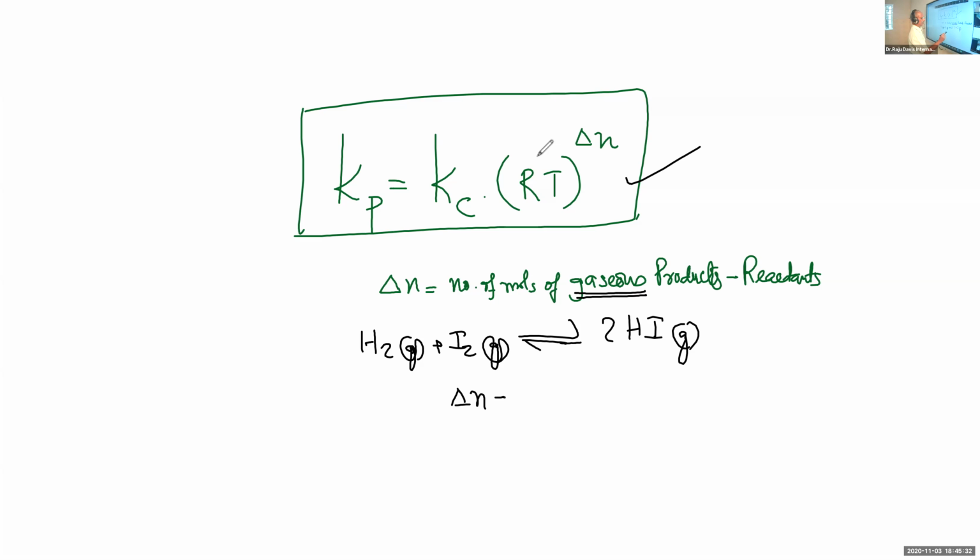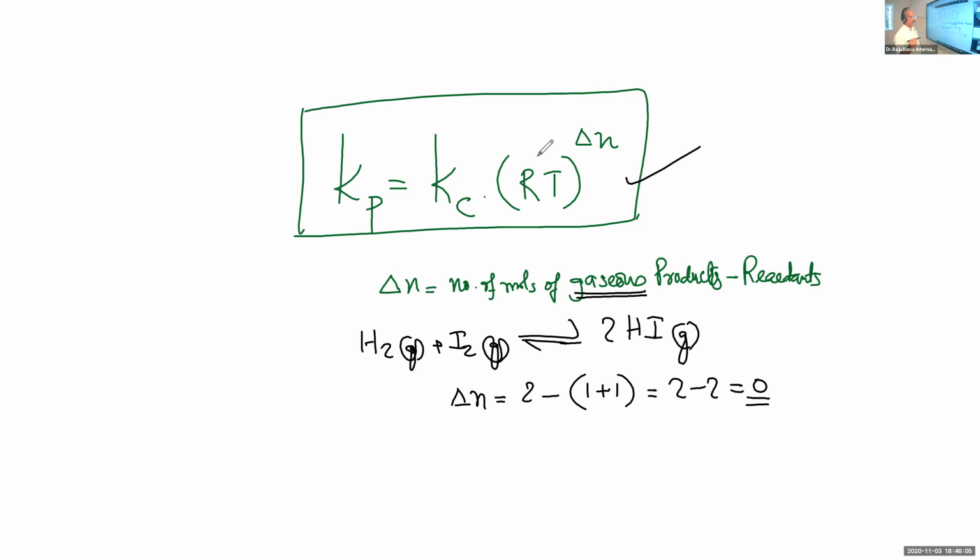Delta N is equal to the number of moles of the gaseous products minus the total number of moles of the gaseous reactants. Gaseous products, number of moles, 2. So 2 minus the number of moles of gaseous reactants, 1 hydrogen and 1 iodine, so 1 plus 1. This is equal to 2 minus 2, that is equal to 0.